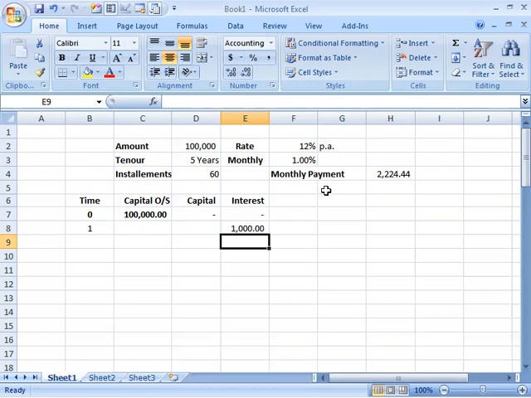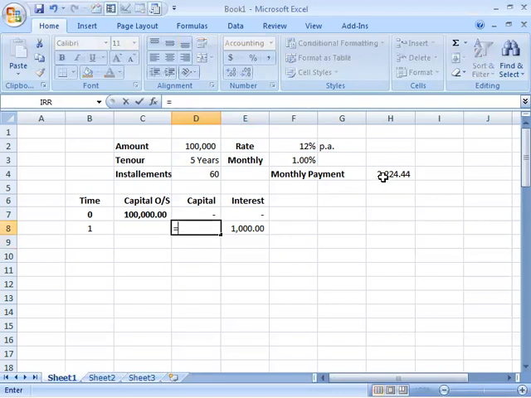So out of this monthly payment of 2224.44, 1,000 rupees has been deducted as the interest. So the remaining 1,224.44 is going to service this capital outstanding. We'll write this formula here. From this 2,224.44, I will absolute reference that also, the interest portion is 1,000.